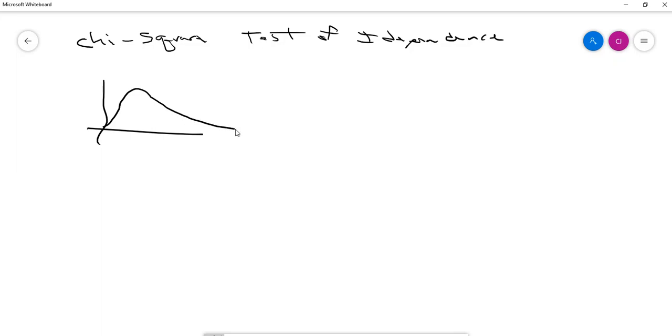Roughly looks normal. Okay. But it starts at 0 because all of our values we square. We take observed minus the expected, squared, which makes it positive. We're never going to have a negative number, so we don't need anything down there. We're going to be here, and right here is going to be 1. So that's going to be most likely to occur. And remember that the chi-square test of independence is a right-tailed test.